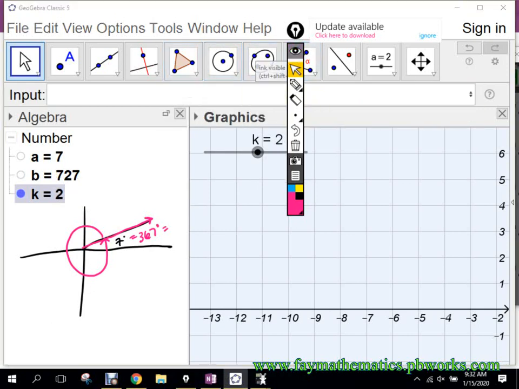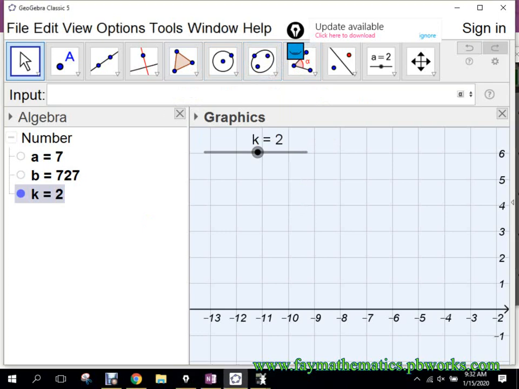Now, here's the thing with GeoGebra. Right now, when it sees these numbers, when I type them into sine or cosine, the argument is going to be viewed as a radian. I don't know if there's any way that I can get around that, other than maybe, I'll see if I can do it in a moment.